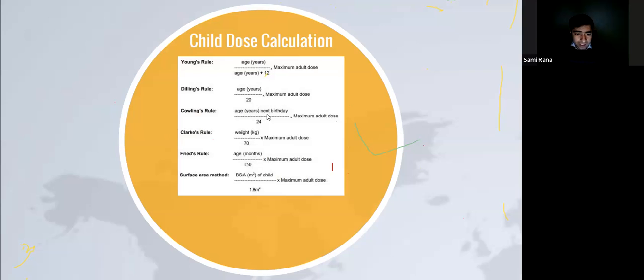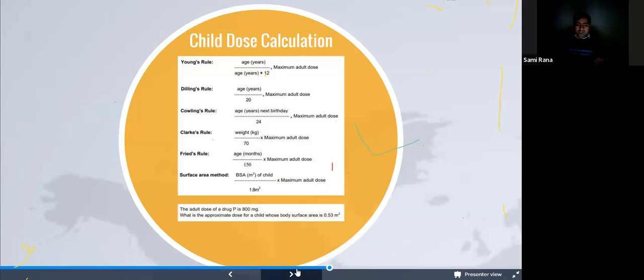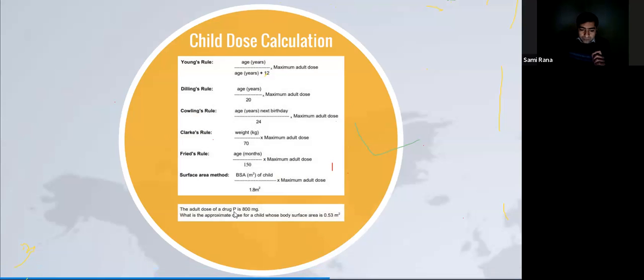And this one, age at next birthday, is going to be used very rarely in your calculations, but remember it anyway. For example, if there is a question where they say the adult dose of drug P, for example paracetamol, is 800 mg, what is the approximate dose for a child whose body surface area is 0.53 meters squared? Now body surface area is given, so use this formula.